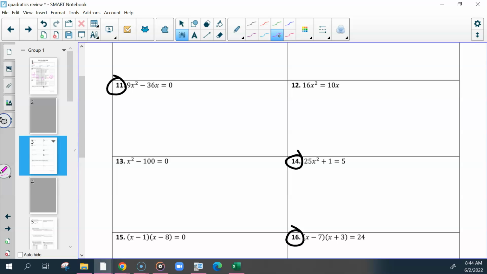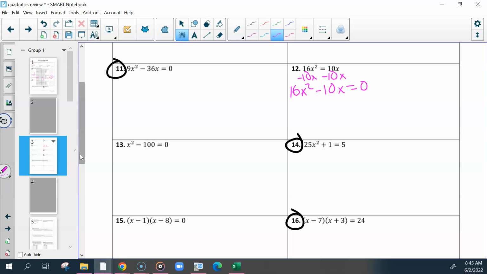We need to get everything on the same side. These are not like terms, so we are not combining them, just rewriting. When you do this, it should still be equal to 0. That is the whole point of this, to solve it.